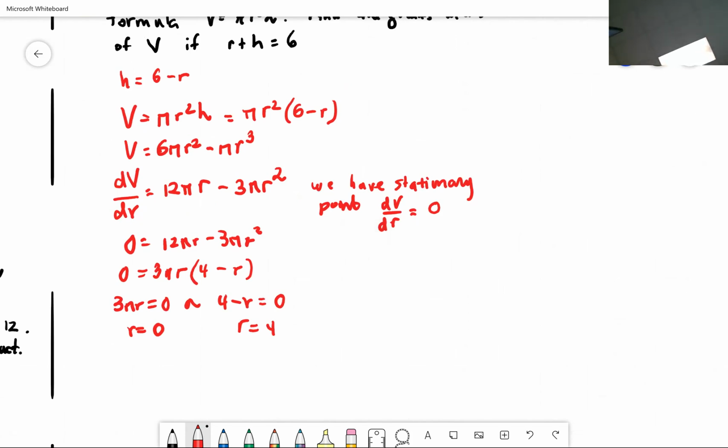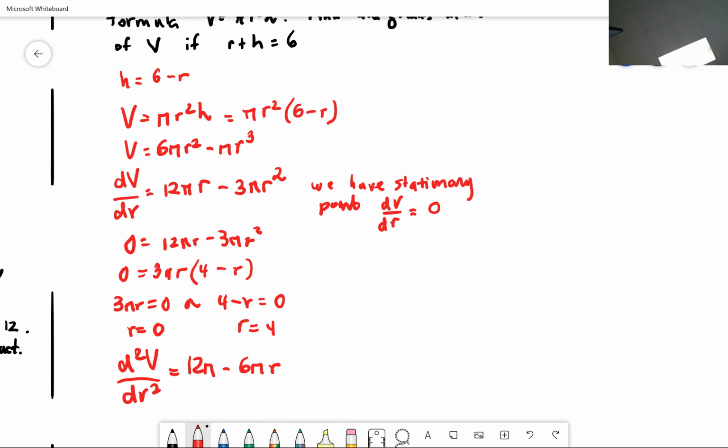If we take the second derivative of V with respect to r, so that's how we write it, let me scroll it up. If we do that, we're going to get a linear equation, so it's going to come out to 12 pi minus 6 pi r.